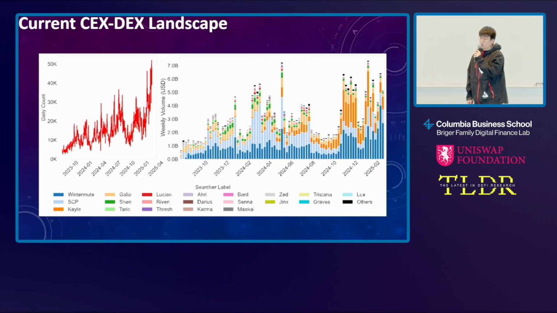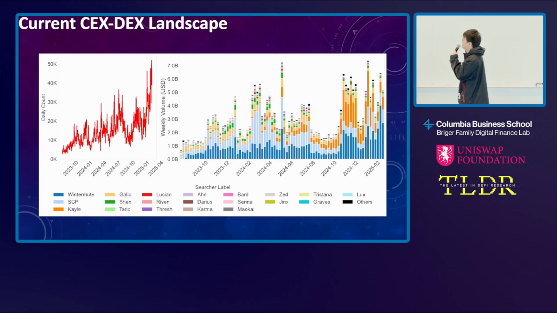Utilizing this dataset, we look at the landscape of the current SegTex arbitrage. The left panel shows the daily count of SegTex transactions clearly increasing. And the right panel shows the weekly volume split by each searcher. Some of you may recognize those searcher labels, except FCP and Wintermute are character names from League of Legends.